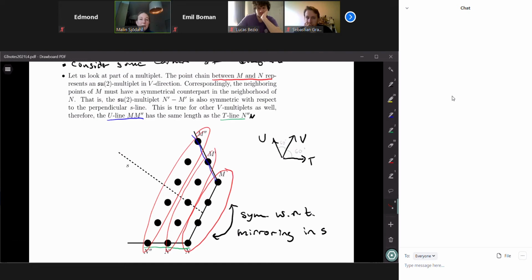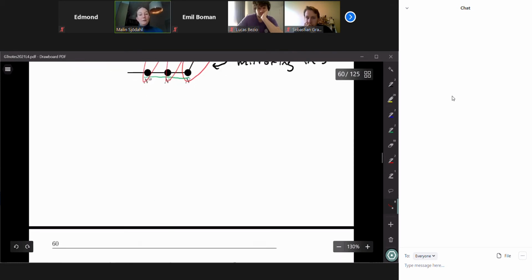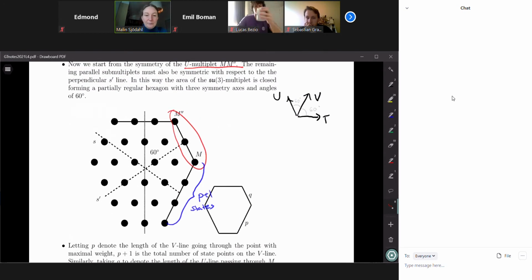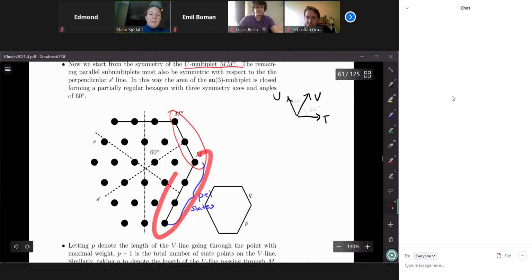We can also similarly take a look at the states along other lines, and we should be able to make the same conclusion. So, since this is all symmetric, we should have as many states.